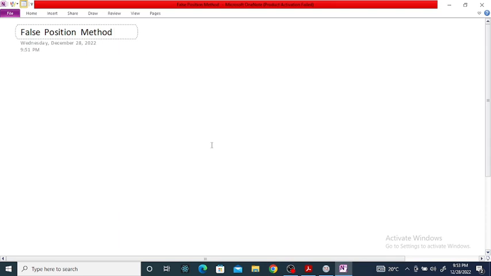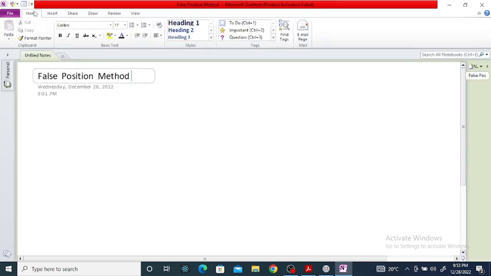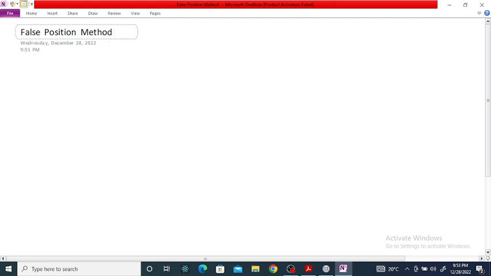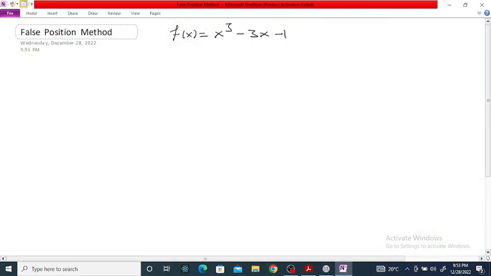So the given equation is f(x) = x³ − 3x + 1.